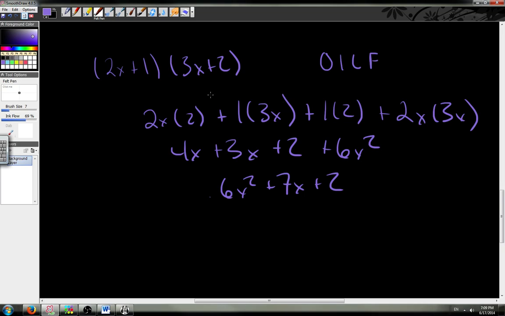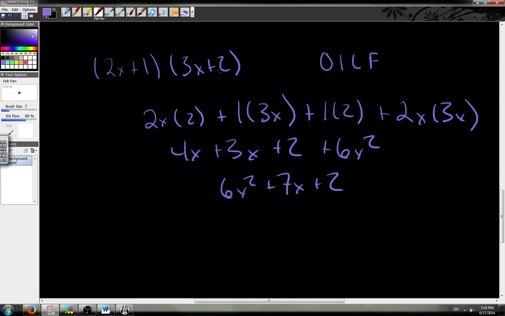And so let's think about why that happened, right? So let's think about order of operations. So in order of operations, we work left to right, and we want to do multiplication before addition. But when we are using the distributive property, we're always doing multiplication before we're doing addition. So it doesn't actually matter what order we do the multiplication in.